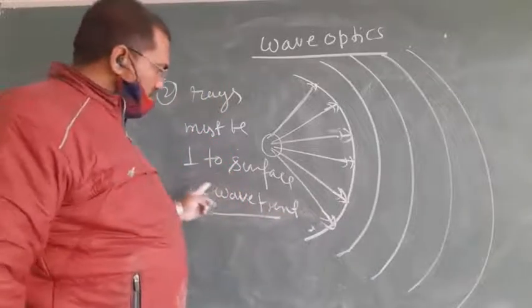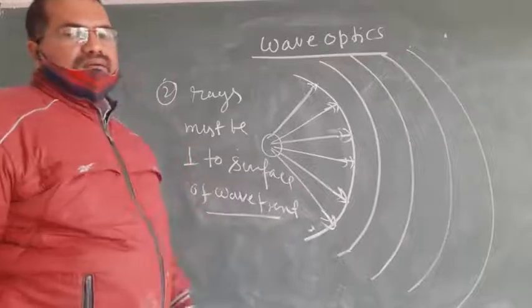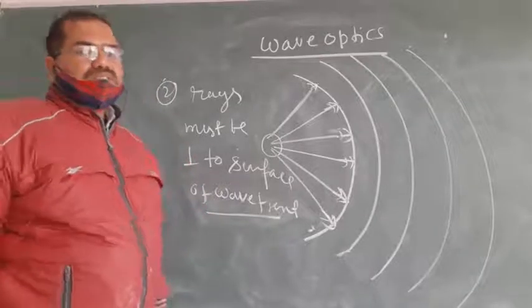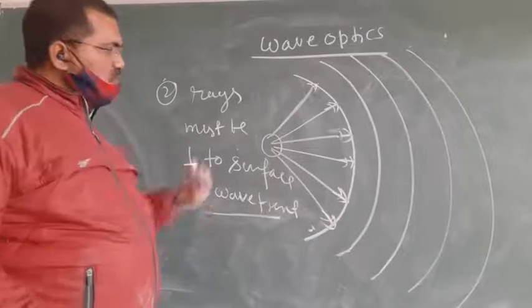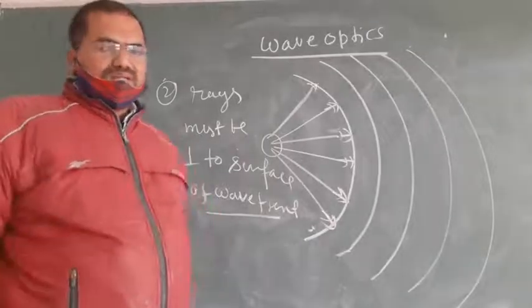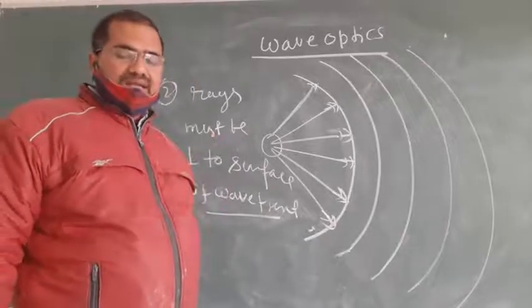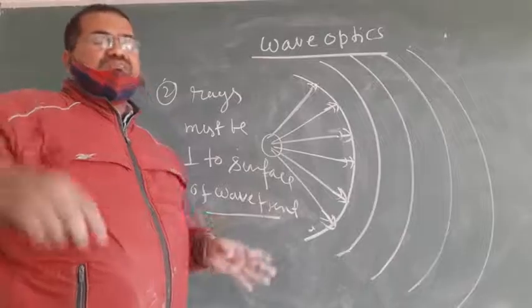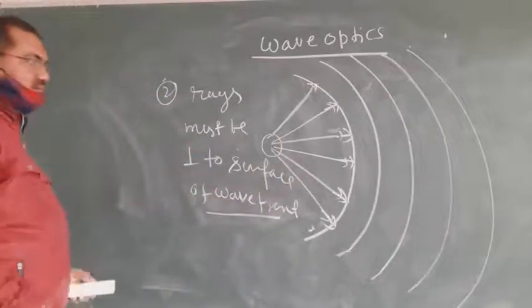Ray must be perpendicular to surface of wavefront. This is the second condition, which is very important. Due to these conditions, you can make a wavefront. Remember that ray must be perpendicular to the surface of the wavefront, and time taken by all the rays on reaching wavefront must be same. Clear?